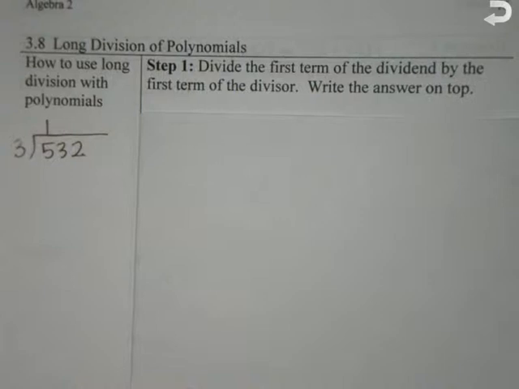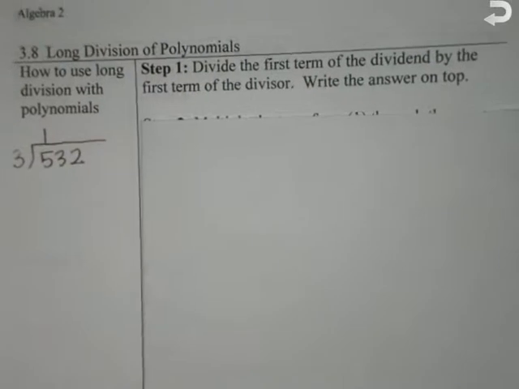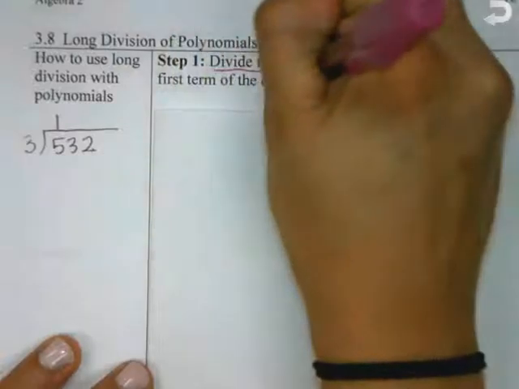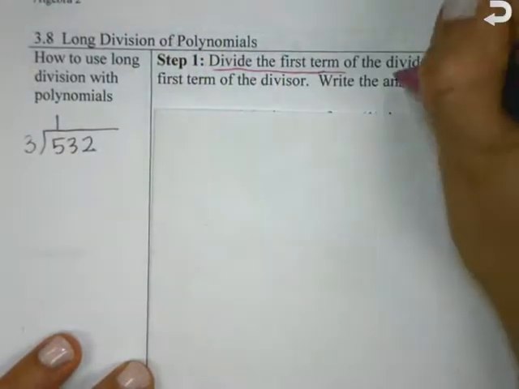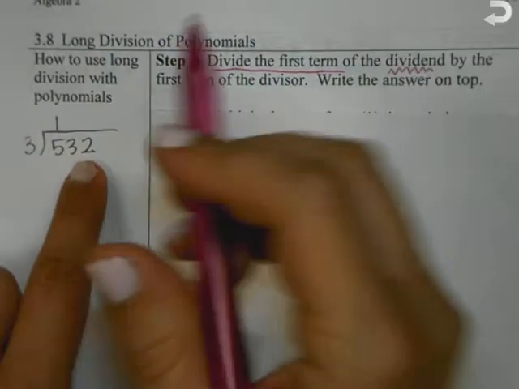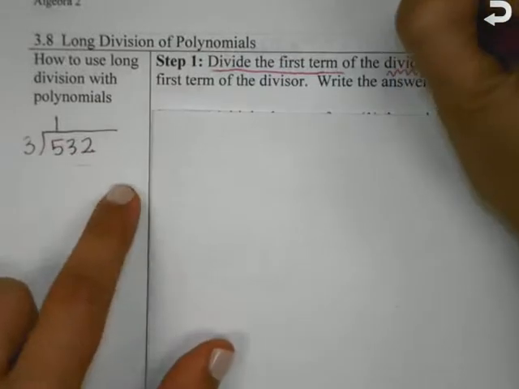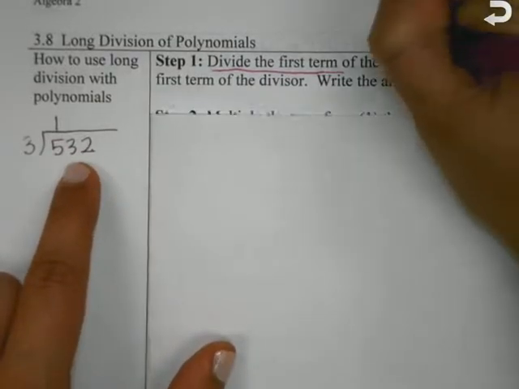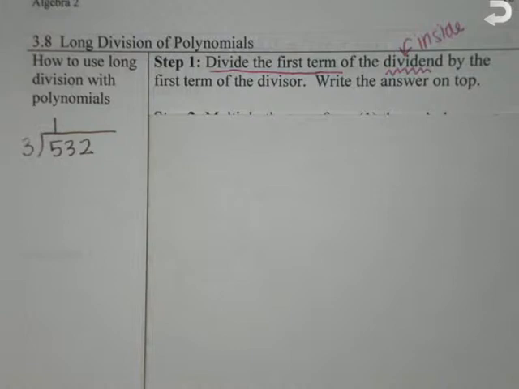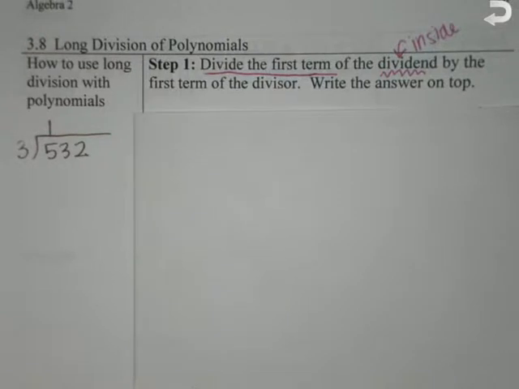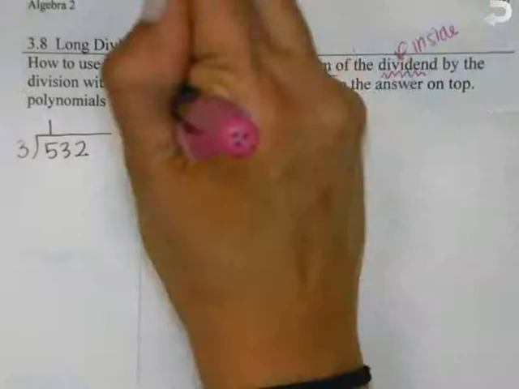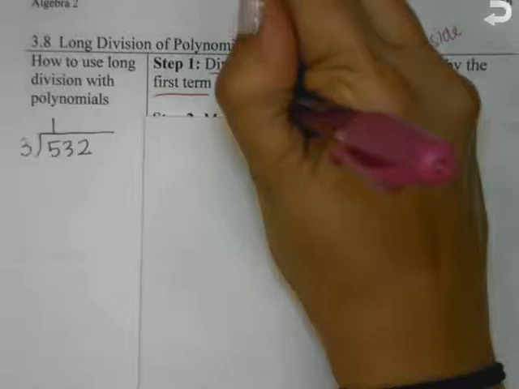You're going to divide the first term of the dividend. Now that's a new vocabulary word. Dividend is what's on the inside. So the dividend would be 532 in our example problem. It's what's on the inside. So you're going to divide the first term of the inside by the first term of the divisor, which is the smaller number outside.